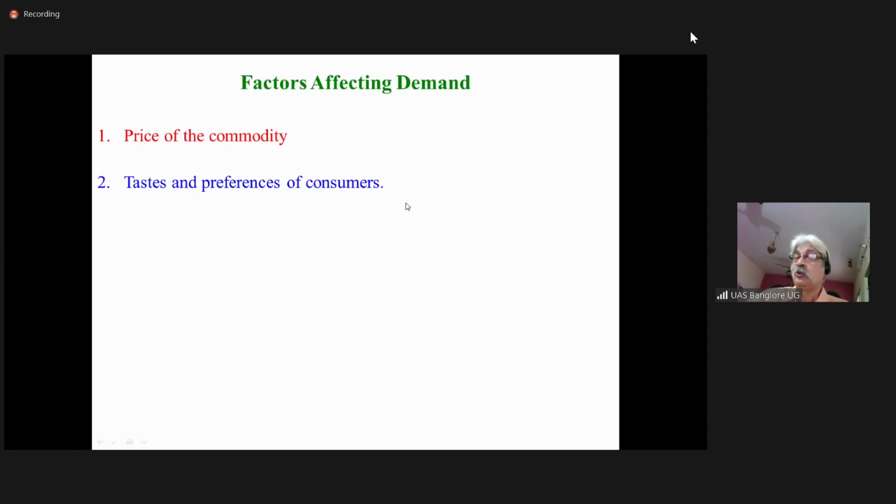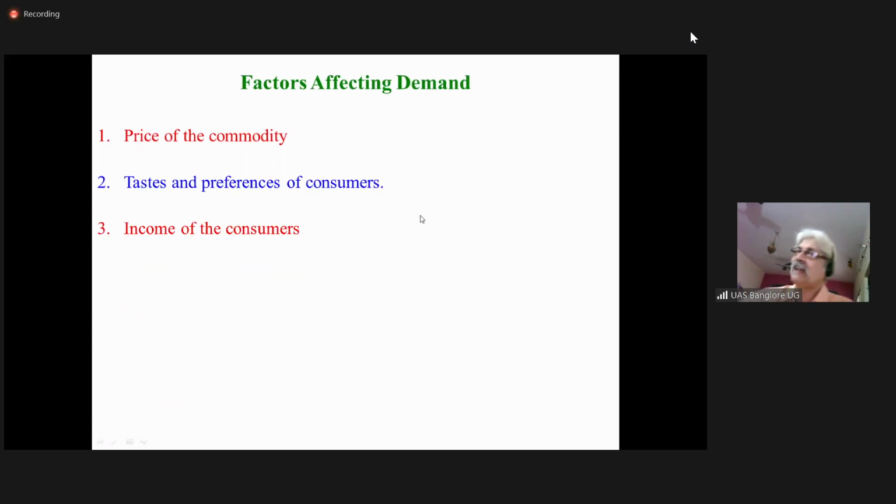But once you come to Bangalore and you make friends with the other students, then your tastes and preferences change. Instead of consuming dosa, idli, and uppittu, you'll start eating gobi Manchurian, pizza, and such junk food. So tastes and preferences of consumers also affect demand.